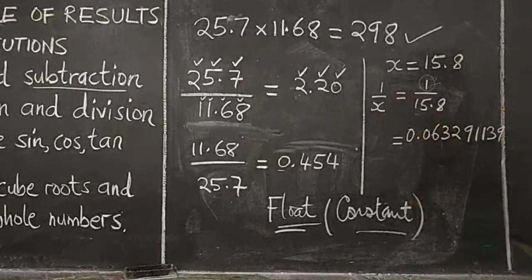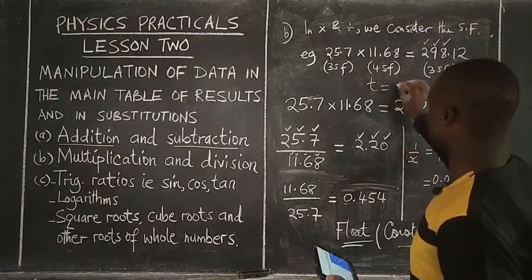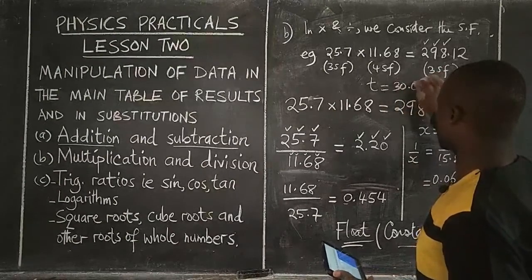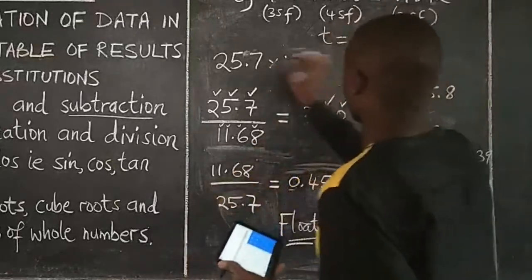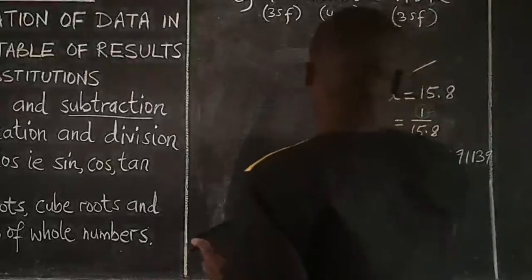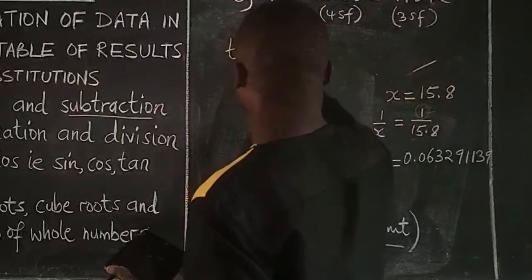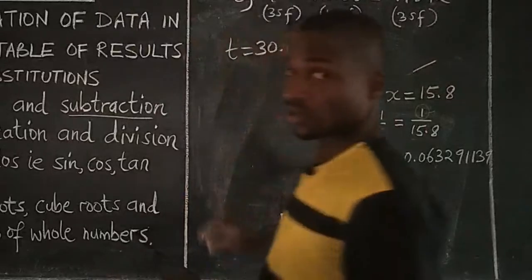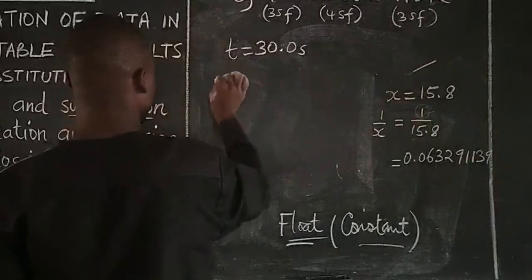Like sometimes you may do a mechanics experiment where you get time for 20 oscillations as, say, 30.0 seconds, and you are required to get the period.